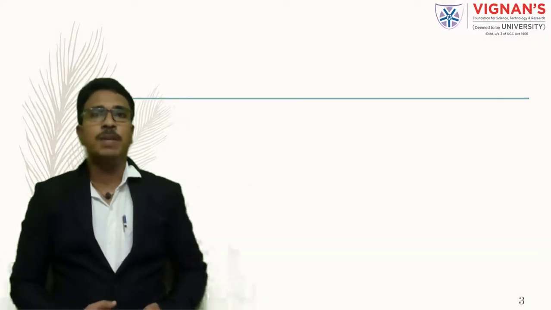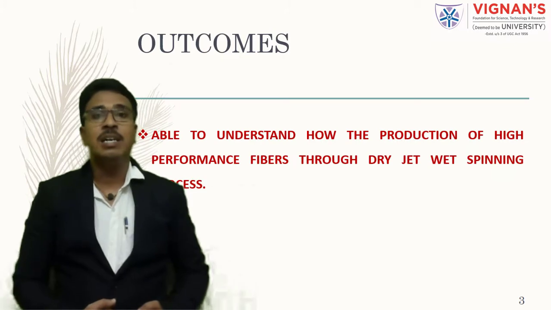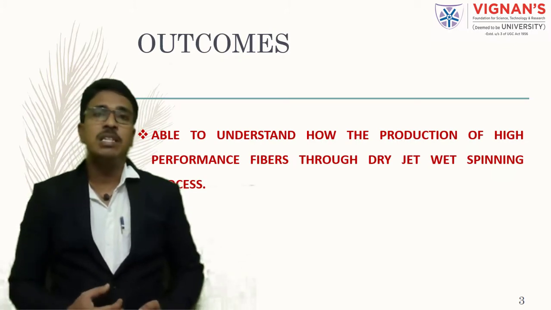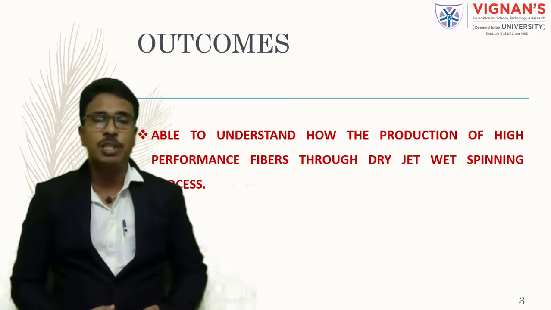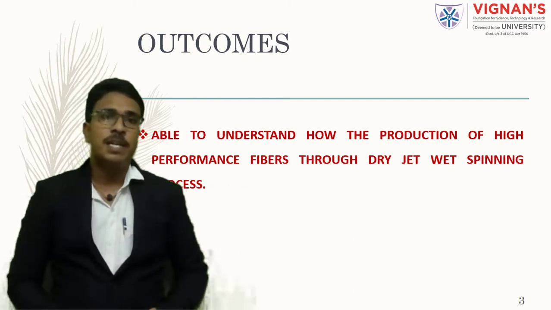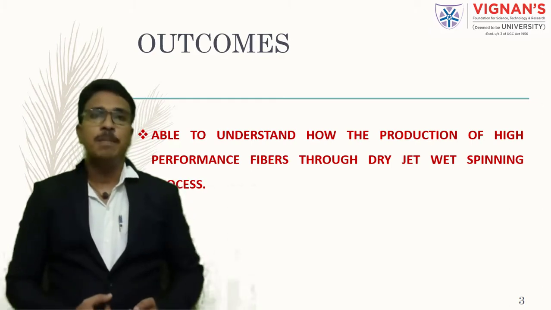At the end of the presentation you will be able to understand how high performance fibers are produced, as this dry jet wet spinning is mainly meant for the production of high performance fibers. This is the outcome you are going to get at the end of this presentation.